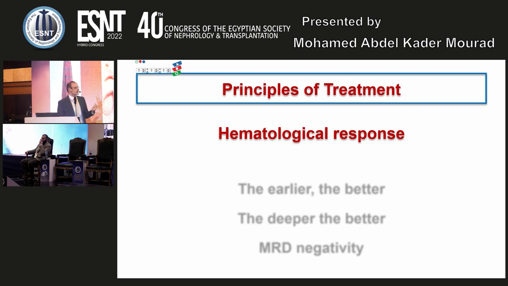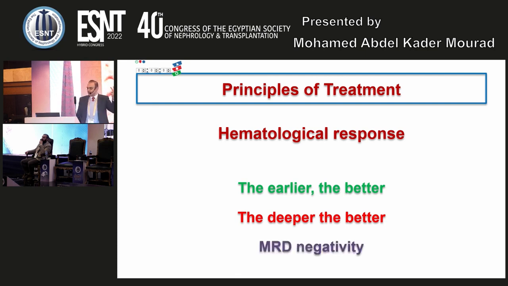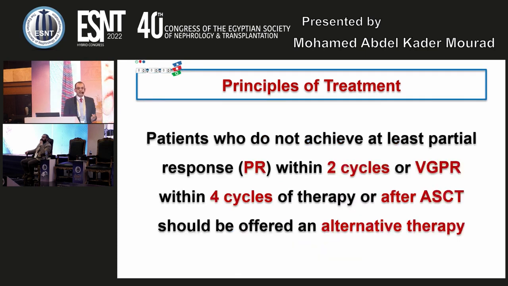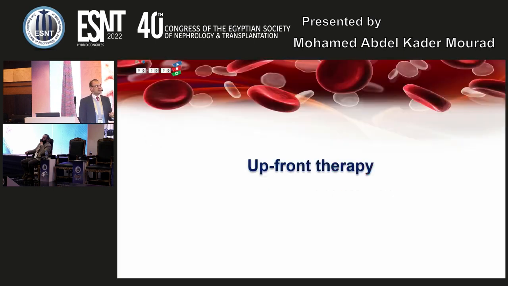So our principle regarding hematological response: the earlier the better, the deeper the better, and we should search for MRD negativity. But take care: patients who do not achieve at least partial response after 2 cycles of therapy, or very good partial response within 4 cycles of therapy, don't wait. Please change to the alternative treatments.